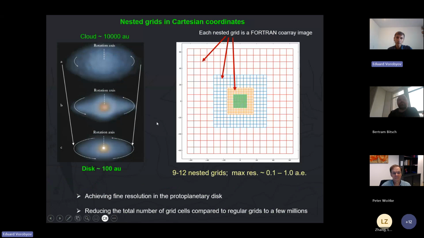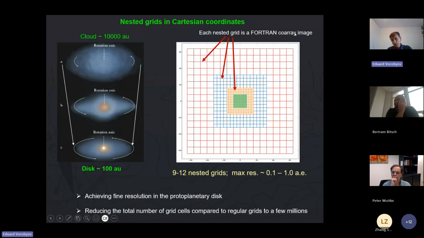What we decided to do was to use Cartesian coordinates and nested meshes. And this is an example of that. In Fortran, there is this feature, coarray. If you're familiar with Fortran, this is a recent feature. Coarrays are basically a simple MPI.